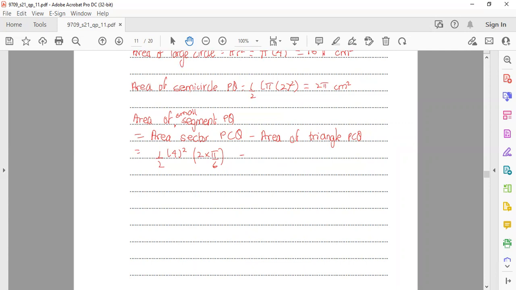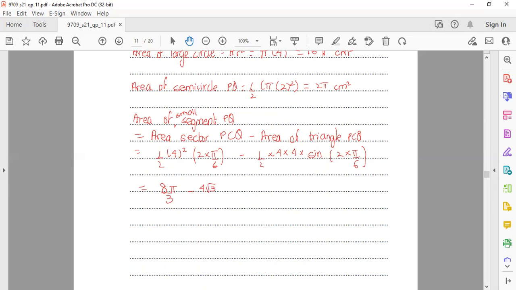So let's make use of the formula half AB sine C. So half times 4 times 4 times sine of the included angle, which is again 2 times pi by 6. And when we simplify, we have 8 pi by 3 minus 4 root 3.